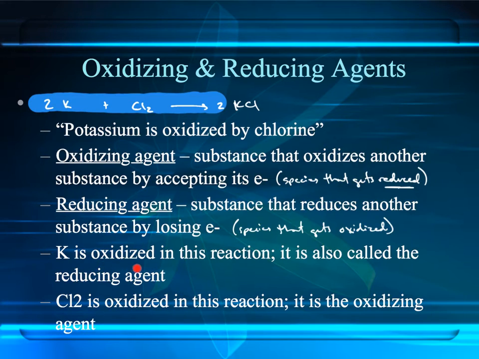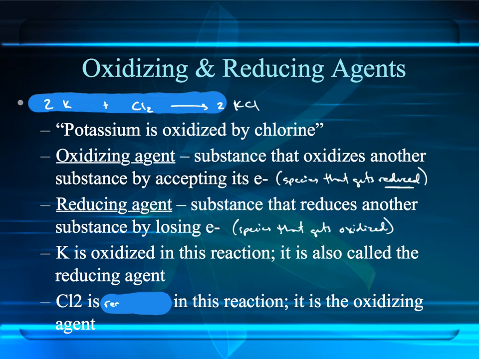It is oxidized, okay, in this reaction. It's also called the reducing agent. So its oxidation number went up, it went from 0 to +1, so potassium is considered a reducing agent here. The chlorine, Cl2, is oxidized, no, that should say, that's funny, typo. The chlorine in this reaction is reduced.